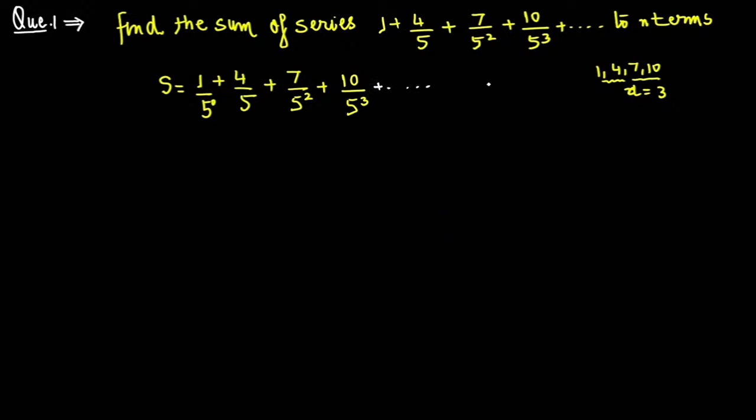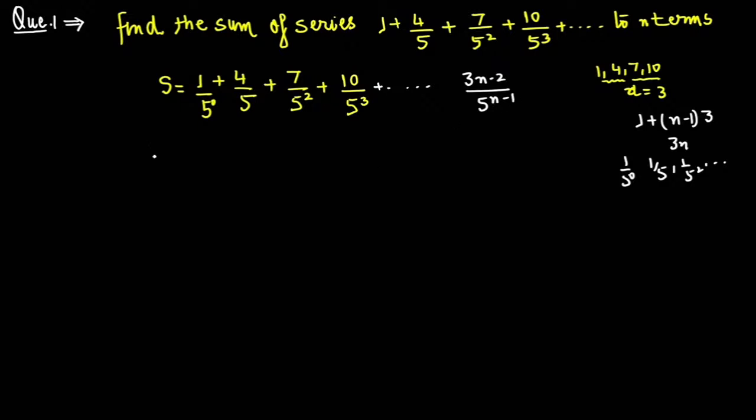I am writing the nth term, a plus (n minus 1), common difference 3, which is 3n minus 2, divided by, and what is the nth term of the GP? The GP is (1 by 5) to the power 0, (1 by 5) to the power 1, (1 by 5) square, dotted. So it becomes (1 by 5) to the power n minus 1.